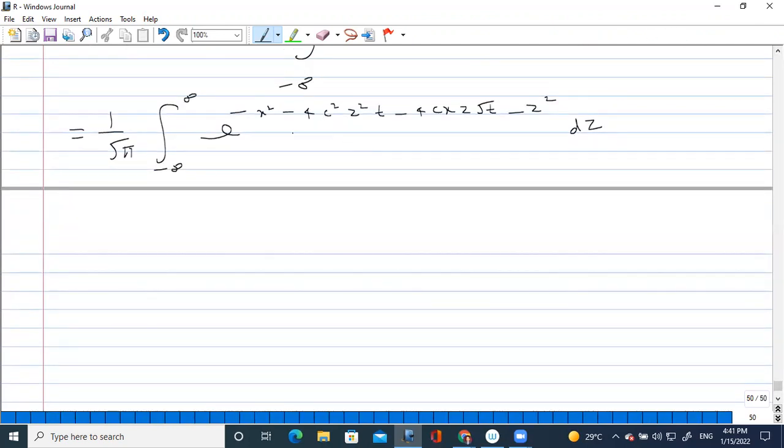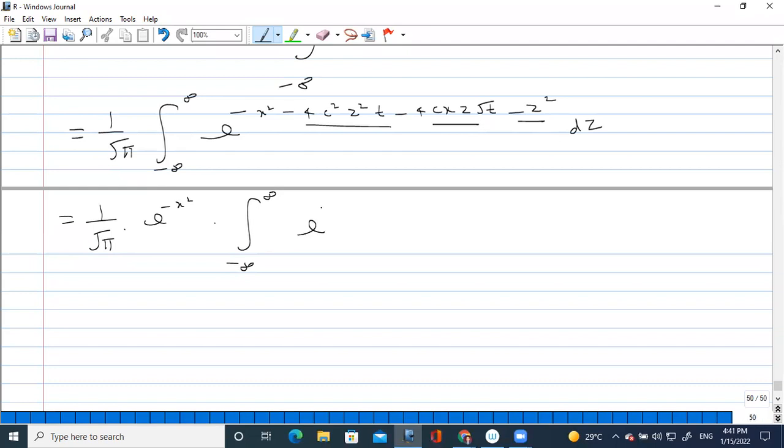Okay, so here in this integration, this x is considered as constant or non-effective, so 1 by root pi will come out, because this is integration with respect to dz only. So e to the power minus x square will come out. Now what is left inside? This z square term, this is also a z square term, and this is a z term. Those only will be available.